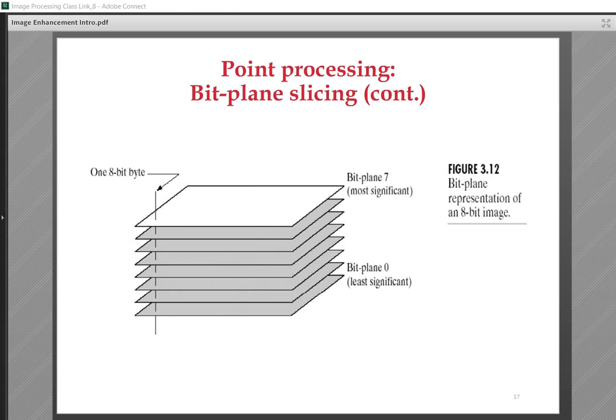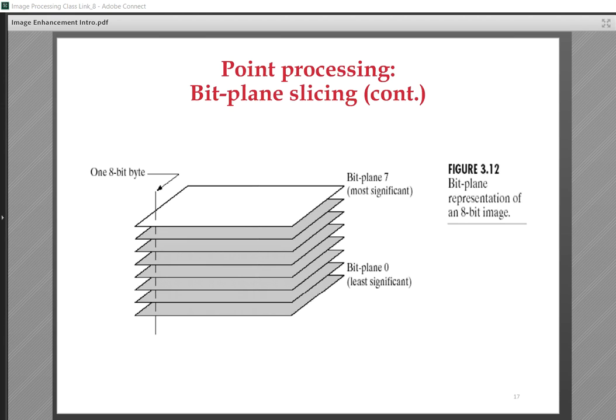The goal is to highlight the contribution made to the image's appearance by specific bits. Assuming that each pixel is represented by 8 bits, the image is composed of 8 one-bit planes.